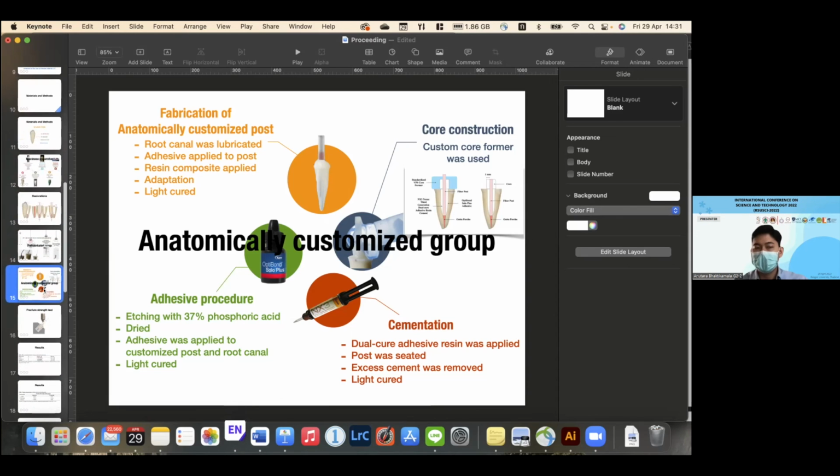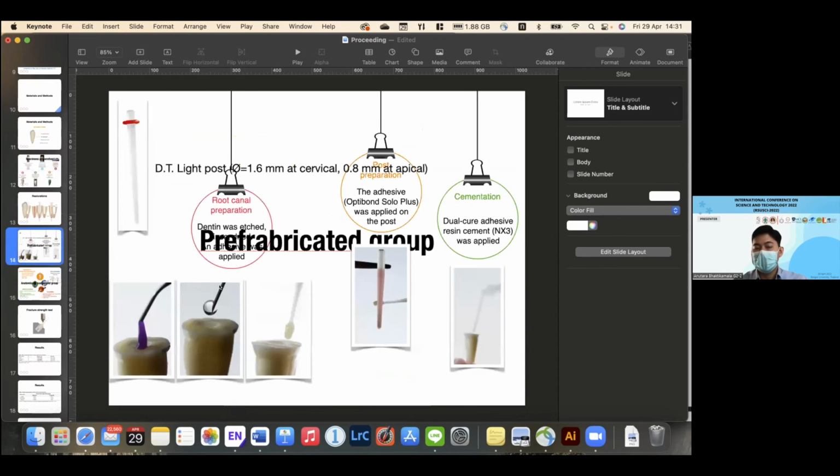The normal one, after you apply the adhesive into the post space.